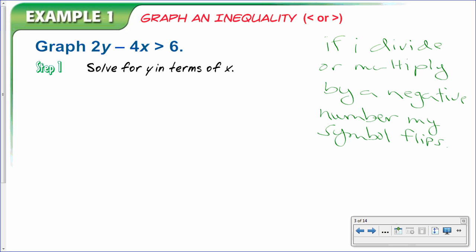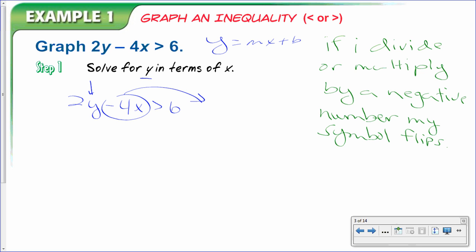I'm going to solve this in terms of y. Now, I'm going to use an equal sign for our purposes here, but you guys just understand that it's an inequality. So if I got 2y, I got to get what by itself? What can I move? If I move that over there, that gives me 6, notice I put it in front.